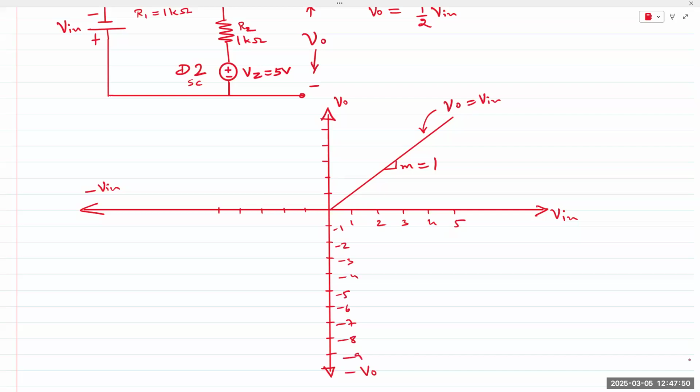Until it reaches 5, the line is linear. And after that, 6, 7, 8, 9, it's going to be half, half.